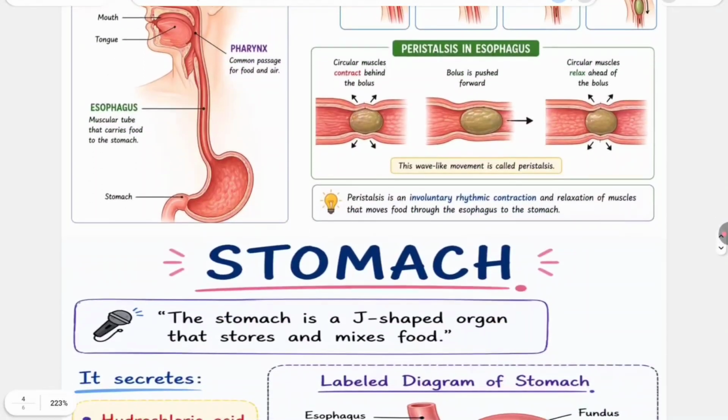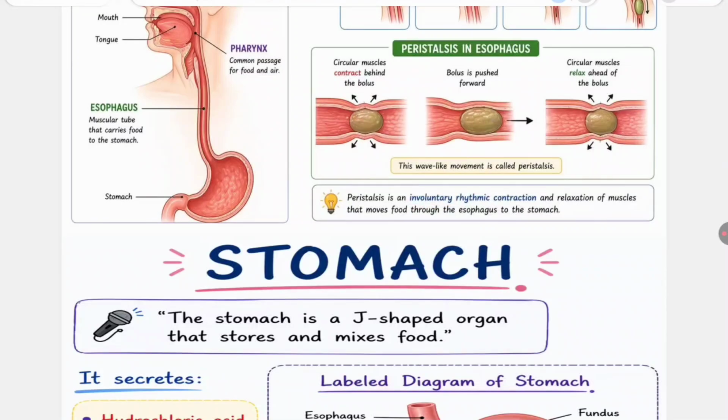Mainly, peristalsis is the involuntary rhythmic contraction. Involuntary means we cannot stop it. It is not by our hand, it will go on its own.